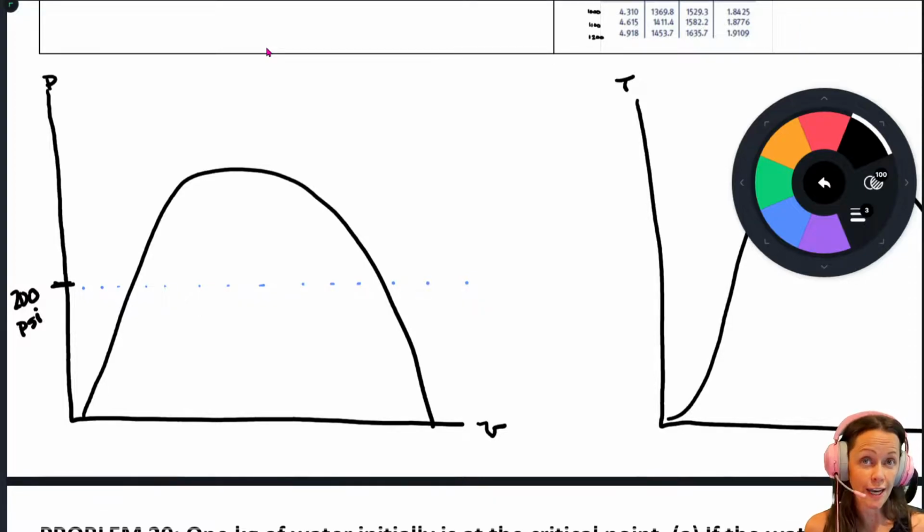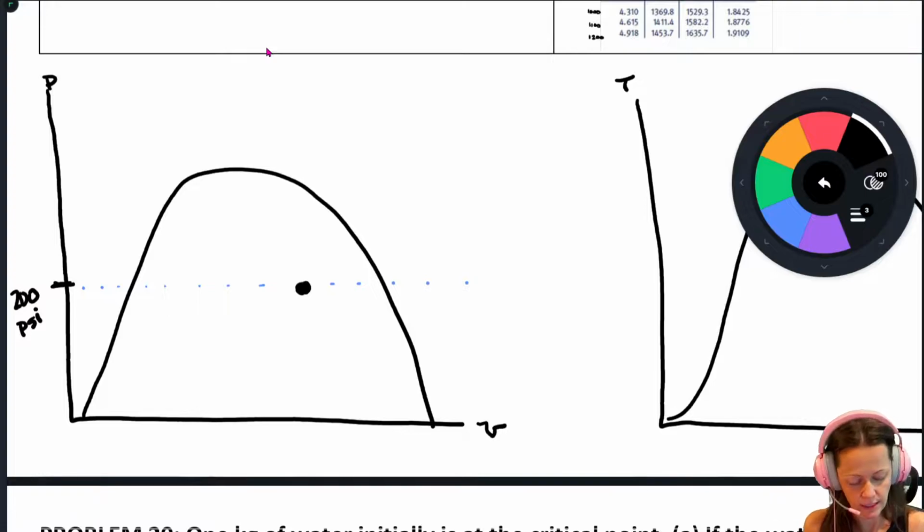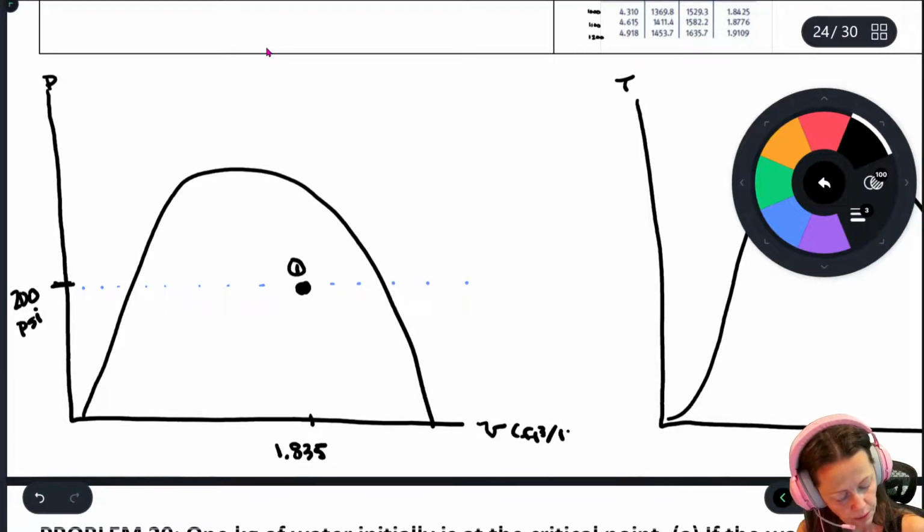It starts out at state 1, it's two-phase, so I'm going to draw a little dot, and our quality was 80%, so I know it's over to the right-hand side. So that's state 1, and then I'm going to label our specific volume, 1.835, feet cubed per pound mass.